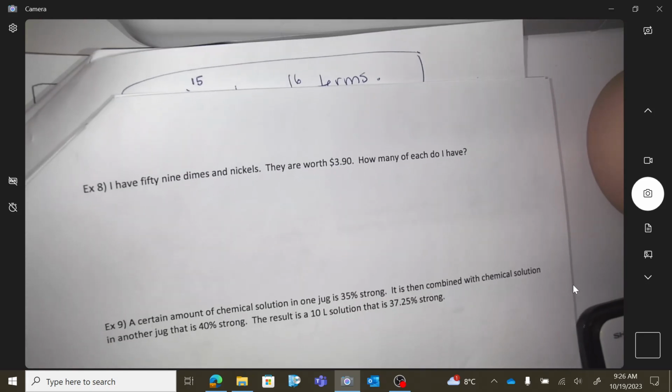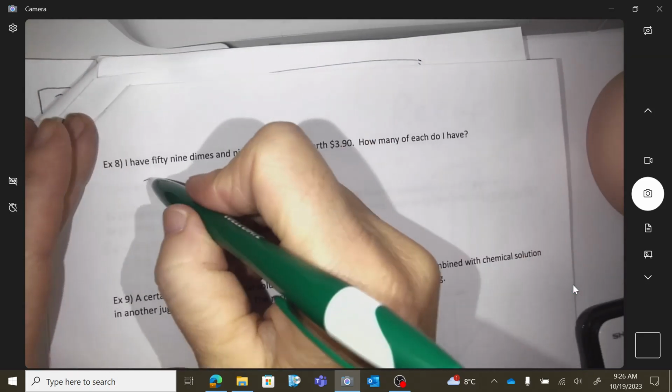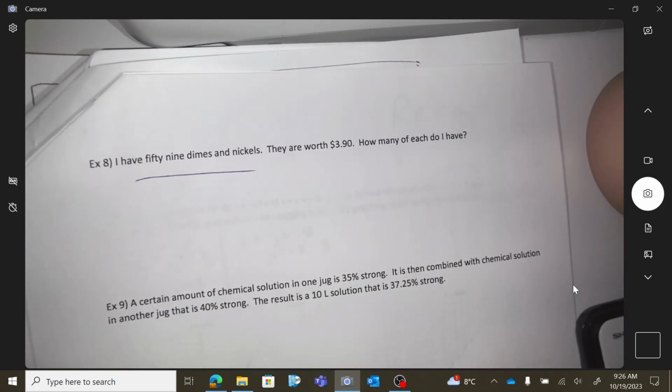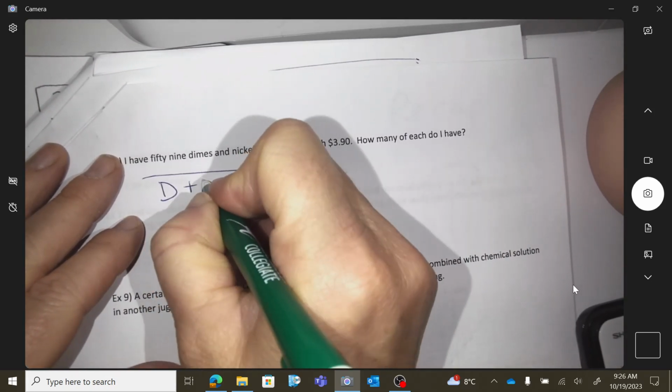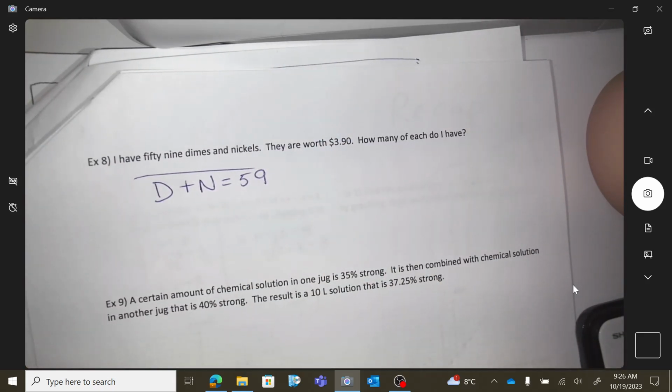Okay, I have 59 dimes and nickels. So I need a math sentence with just that. You have 59 dimes and nickels. So what do you write? All of the dimes plus all of the nickels means you have 59.